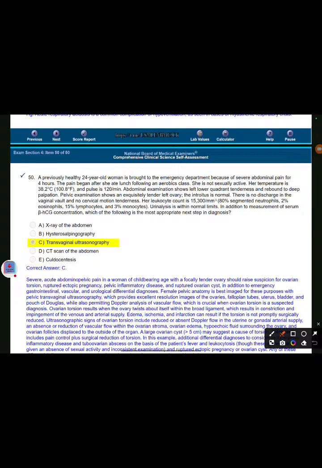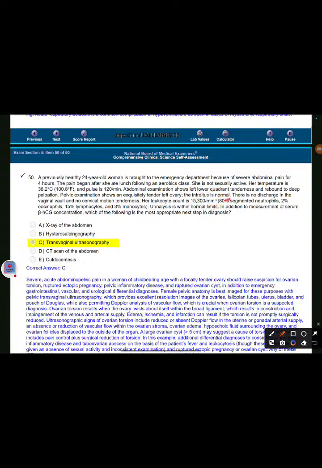Ovaries might be affected along with the fallopian tube, but she's not sexually active. Tender left ovary with fallopian tube rupture, mostly ectopic pregnancy. She's not sexually active, so something with the ovary.